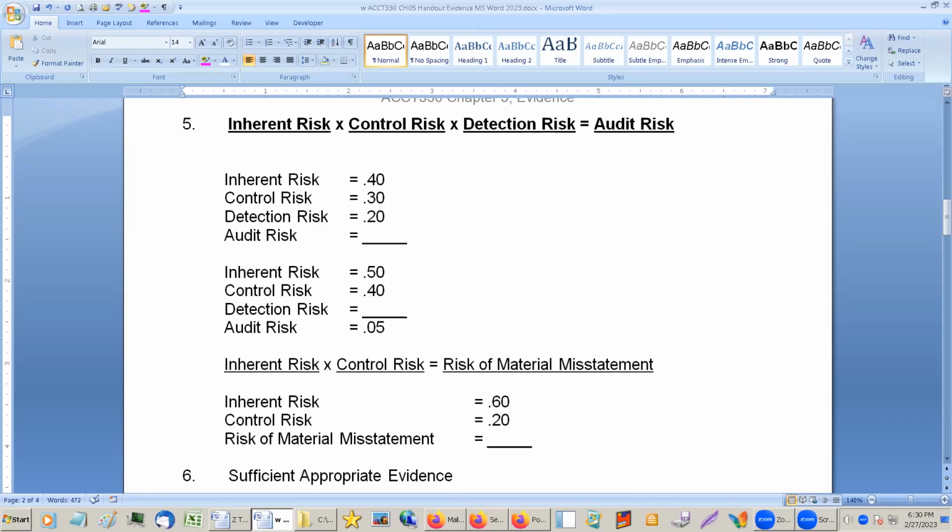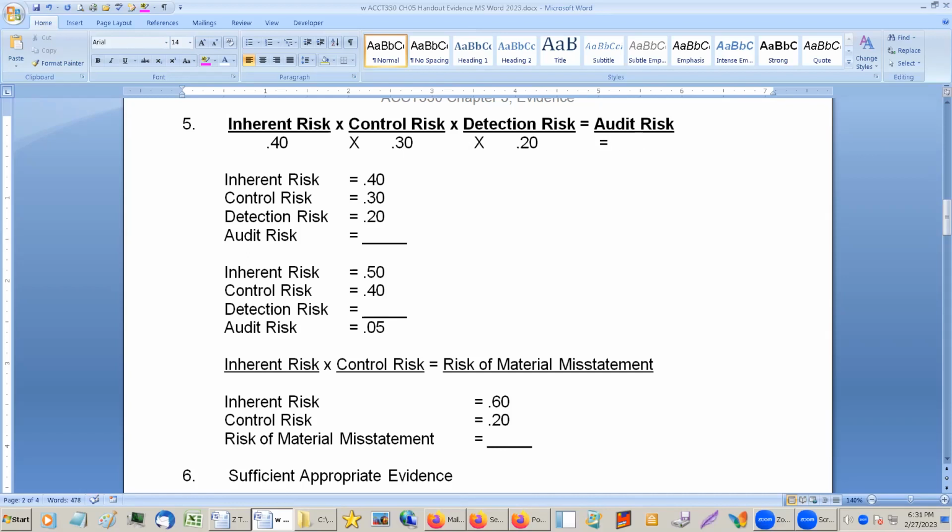So for this first one here, inherent risk is 40%. Probably a little bit high, but the control risk is 30%. Detection risk is 20%. And that should equal the audit risk, whatever that is.